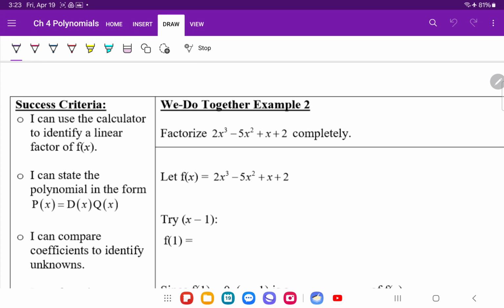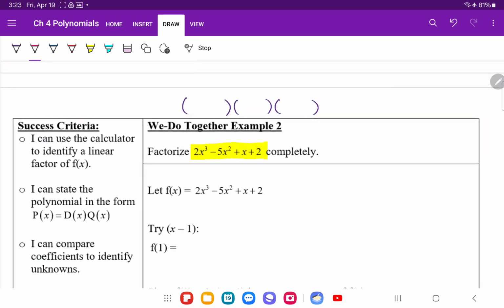So the ultimate aim is to get this polynomial into 3 brackets. Each of them is a factor, and each of them has to satisfy the factor theorem.